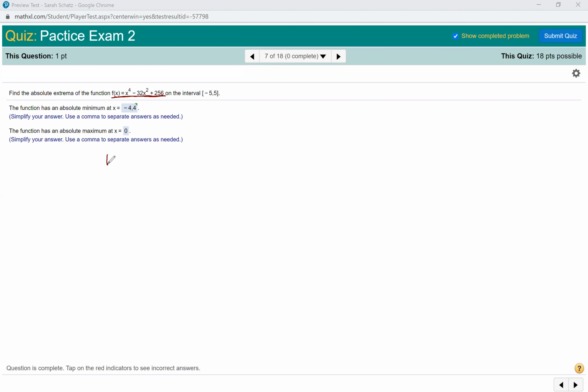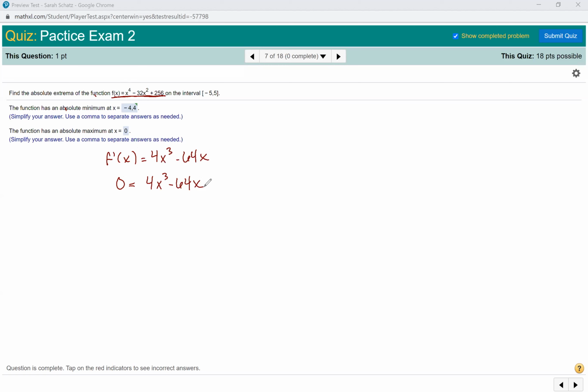So the first thing you want to do is take the first derivative. On my example here, my first derivative would be 4x cubed minus 64x. And then you're going to set that equal to 0 to get your critical points.